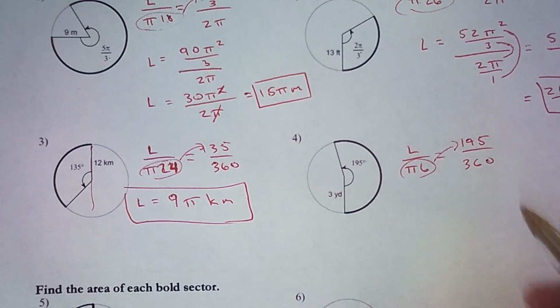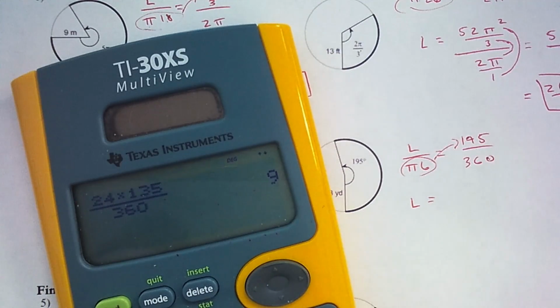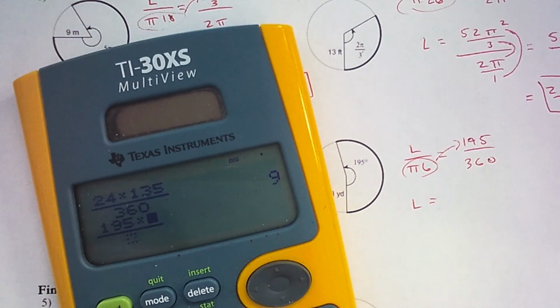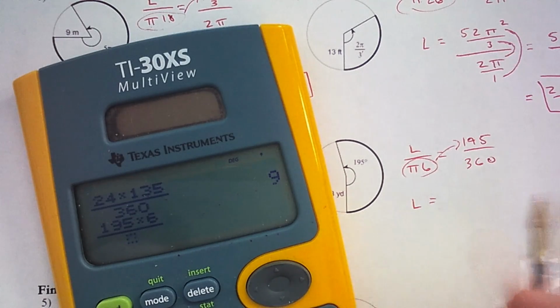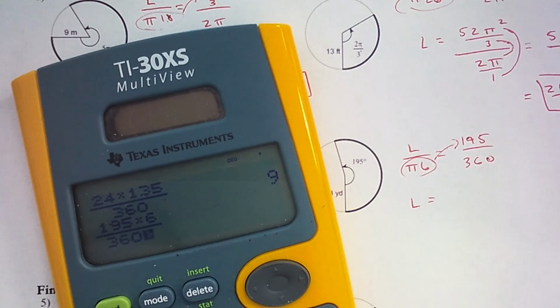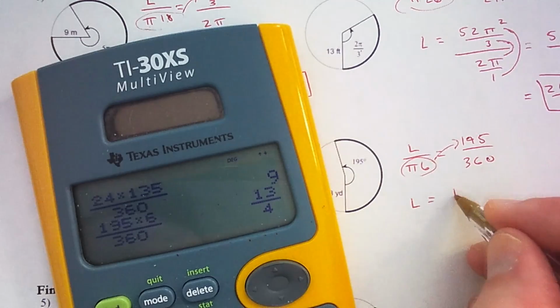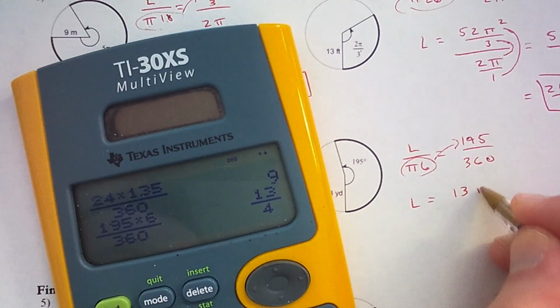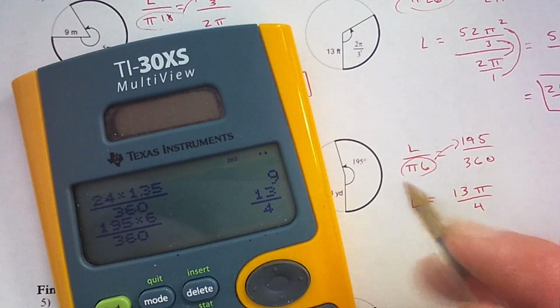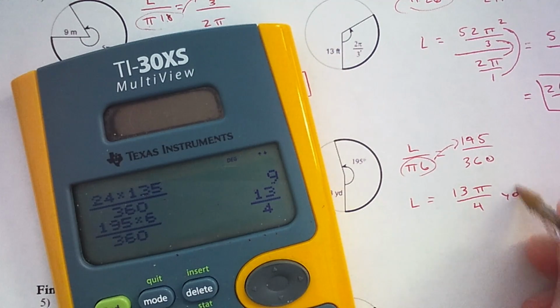So I'll multiply this across, and I do 195 times 6 in the numerator, and in the denominator, 360. And I get 13 over 4. So I have 13 pi over 4, and that is in yards.